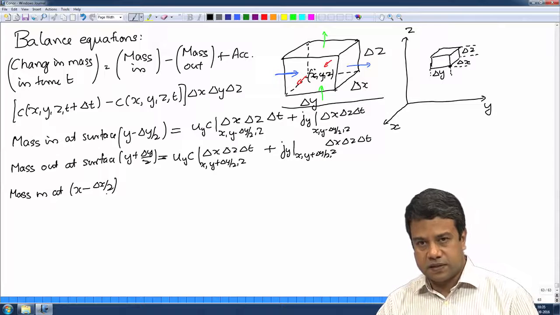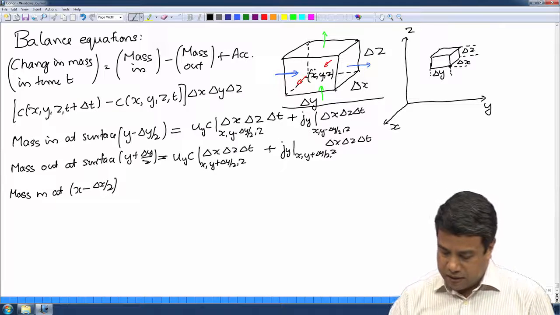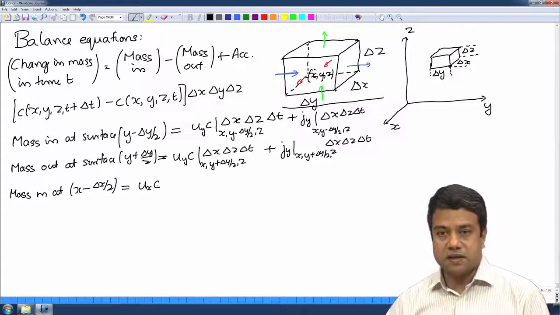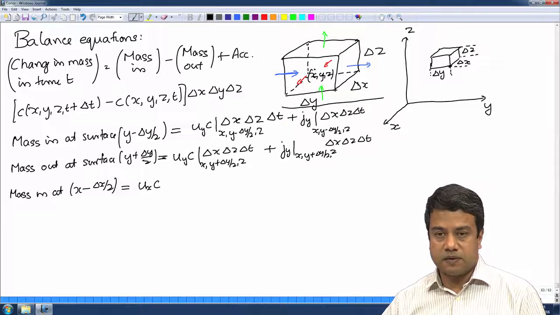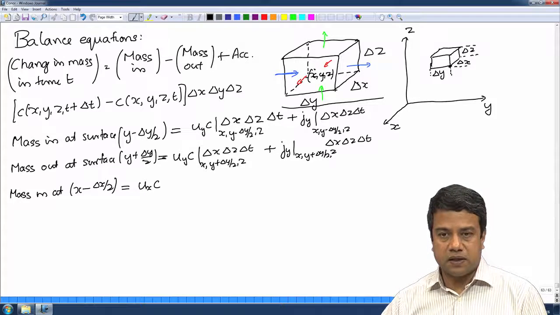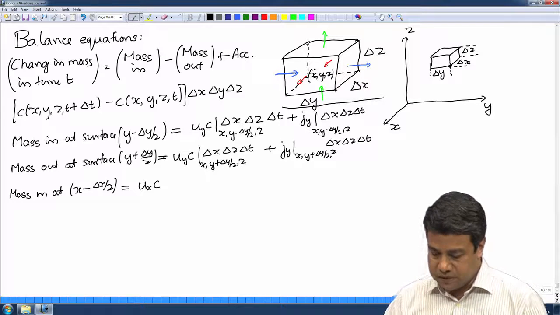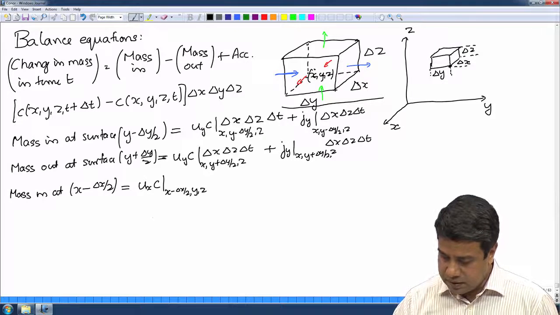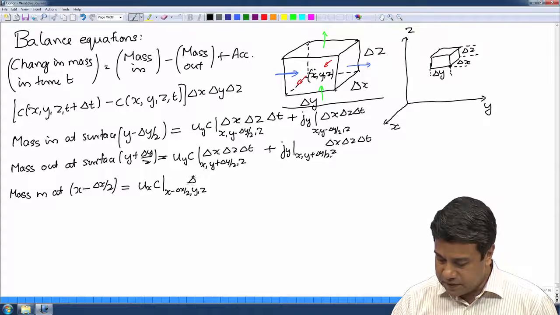For that, the convective mass flux will be equal to u_x times c, because this is the velocity u_x that is perpendicular to the surface. The surface at the rear is in the yz plane. Therefore, the x direction is perpendicular to that surface. So, I have to multiply the velocity in the x direction times the concentration at the location x minus delta x by 2, y, z, times the surface area delta y, delta z, delta t.